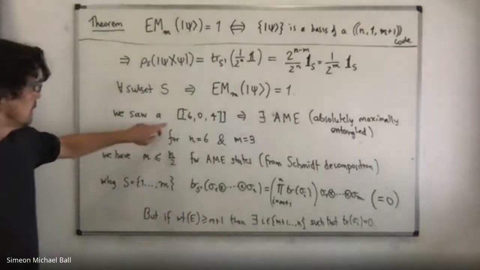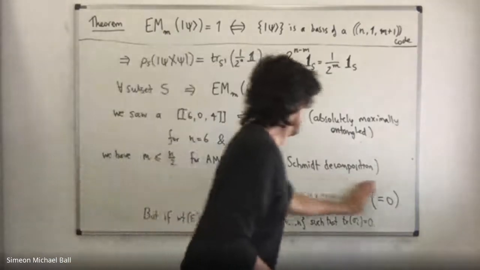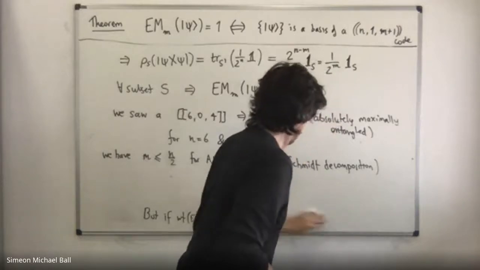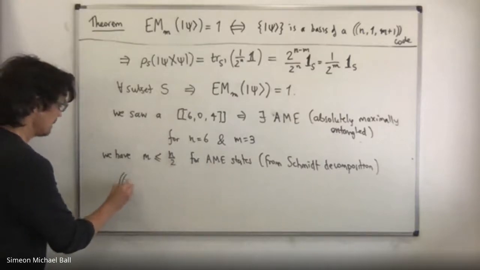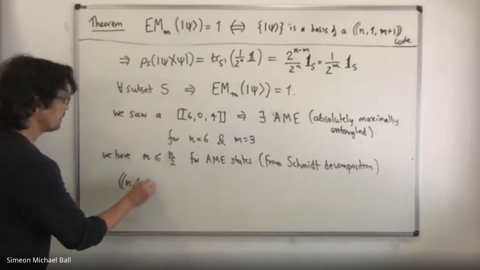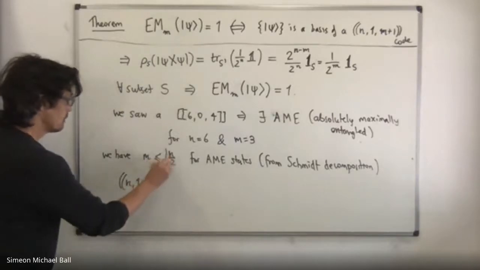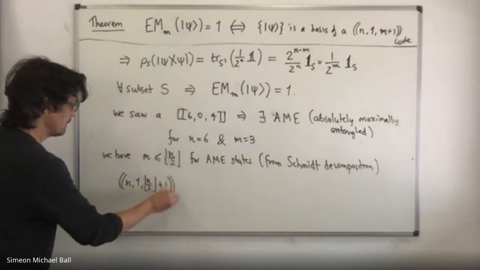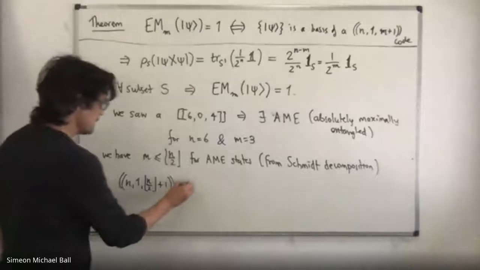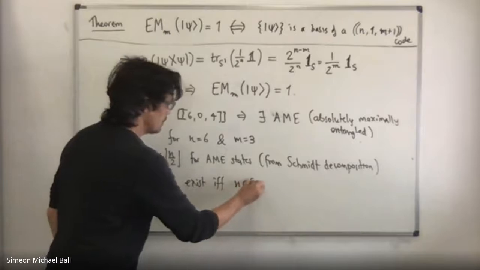Okay, so you're really looking for AME states, the best ones, the crown jewels. N-1 over 2 plus 1 exists only if N is 2.